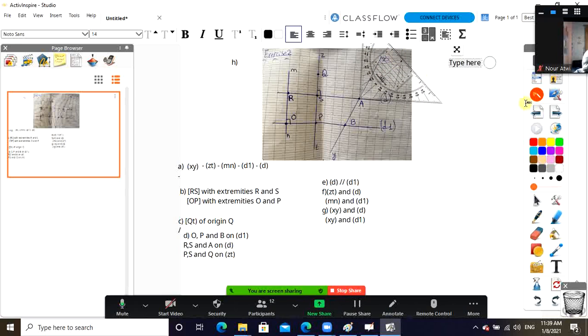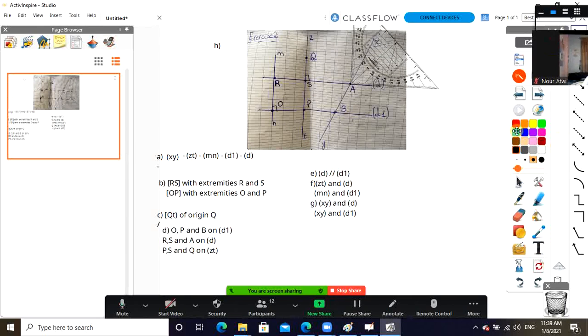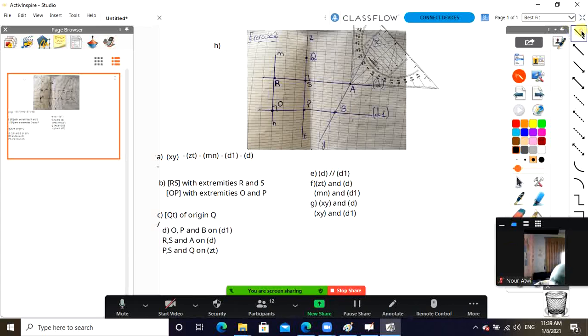Then I will draw the perpendicular that is passing through A. Yeah, let's draw it.